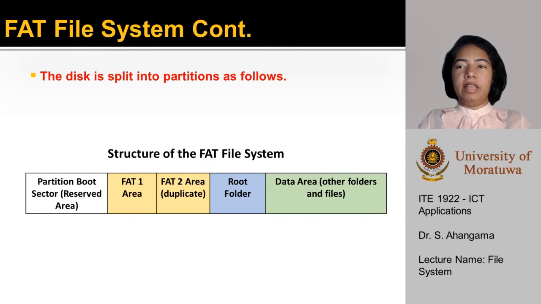Here you can see the structure of the FAT file system. A partition boot sector is located at the front of the disk and contains information used by the file system to access disk data.